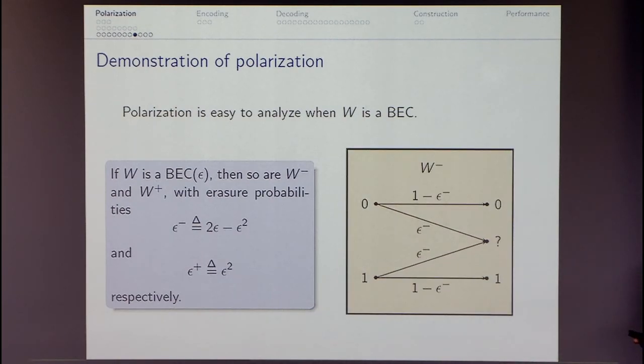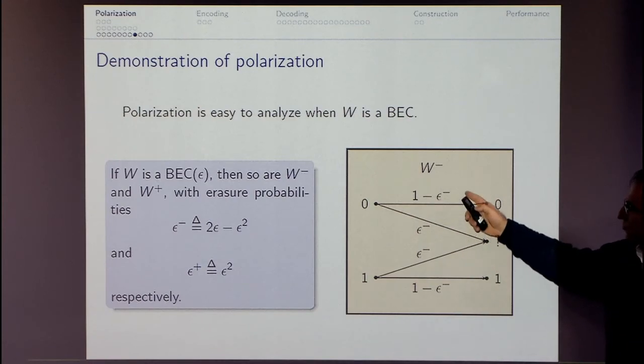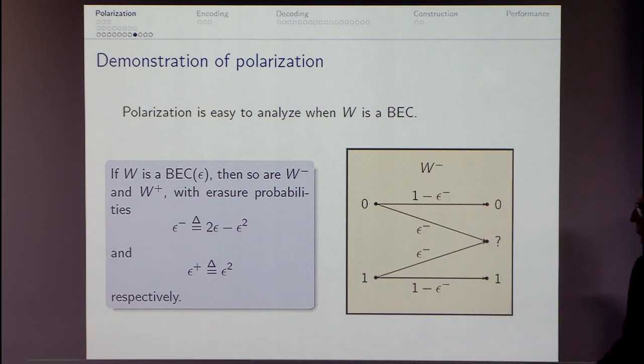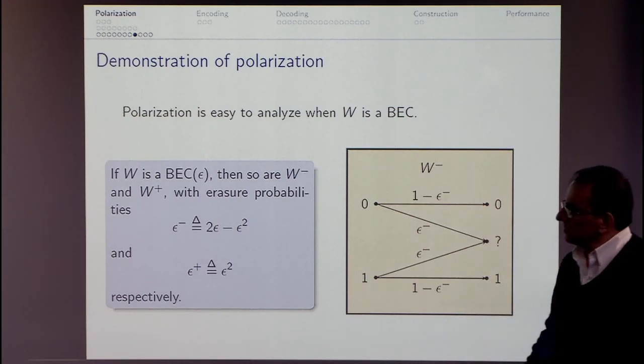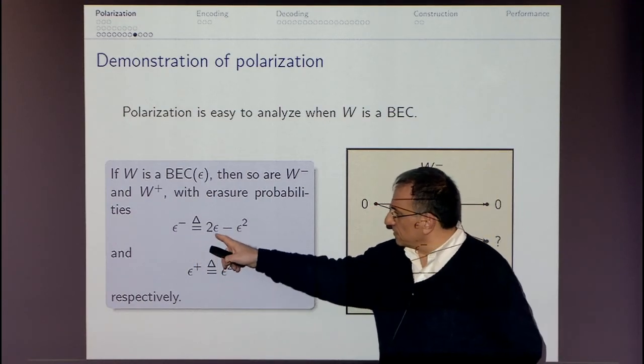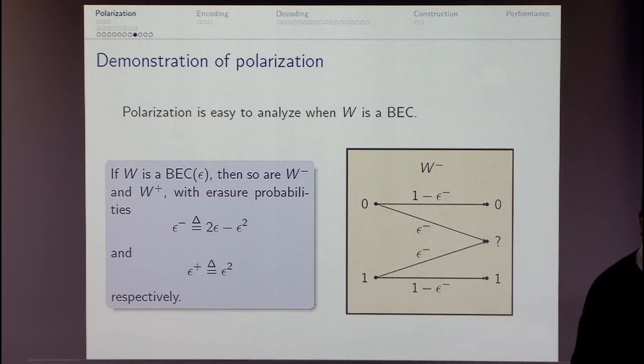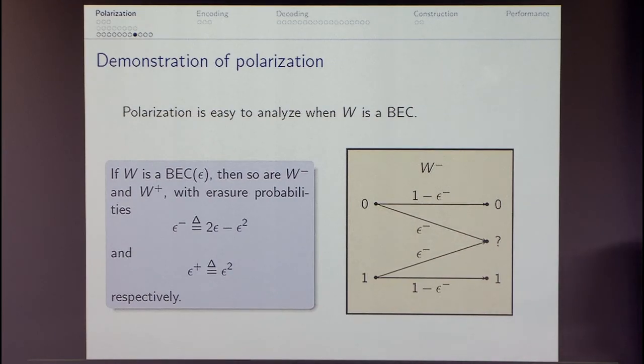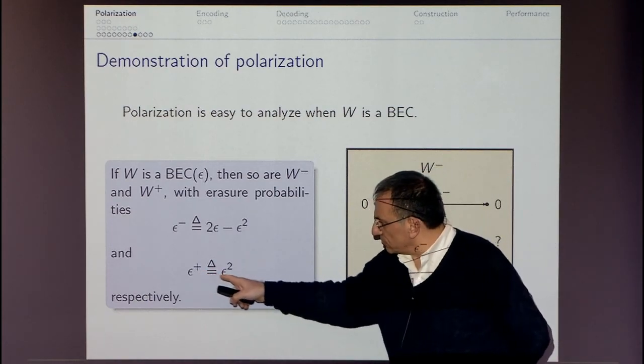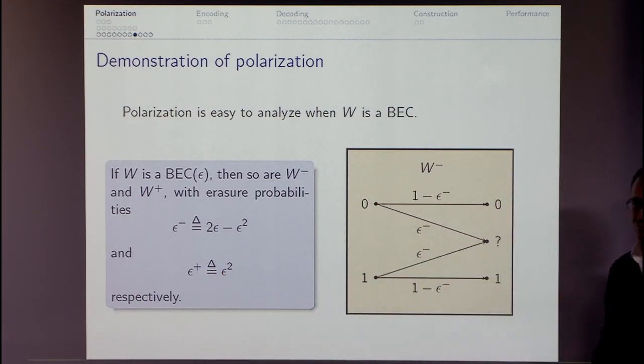So if you combine two W's, this is the W minus you obtain, the erasure probability gets transformed as 2 times the erasure probability of the original channel minus epsilon squared. And the erasure probability of the better channel is epsilon squared.